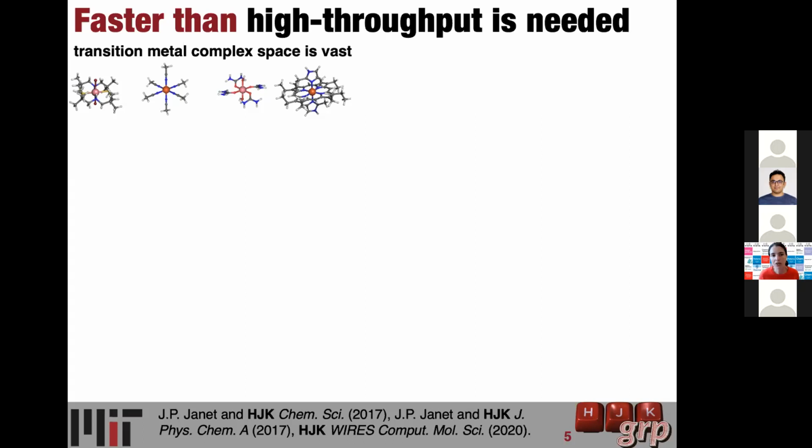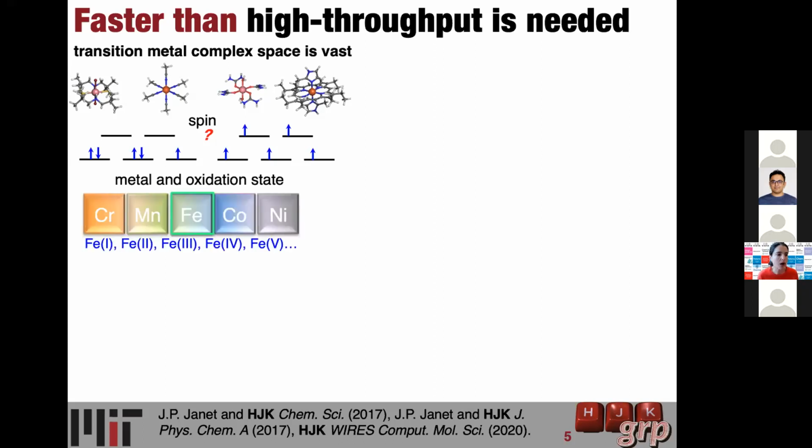It's very sparsely populated in the past in terms of where people have gone out and synthesized ligands. Things like the metal spin can be controlled and electrons can be paired or unpaired. The metals that we want to study can sample a wide range of oxidation states. And so, thinking about how we even represent that.